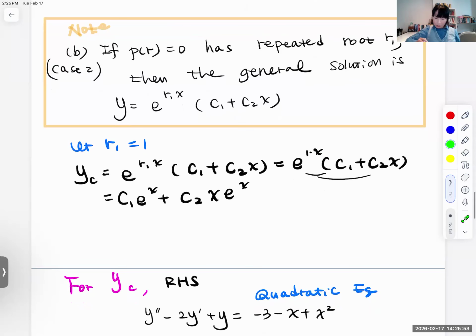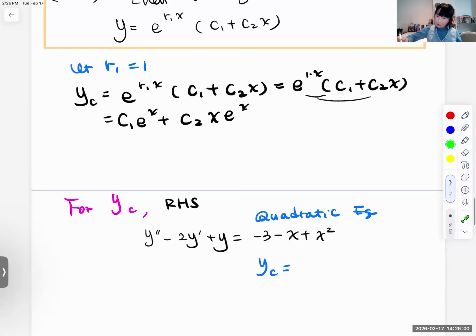This is complementary, and this is the particular solution. I'm very sorry. So we found the complementary equation, and now we need to find the particular solution. Sorry about that terminology.